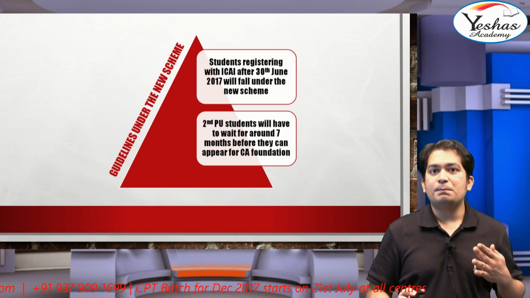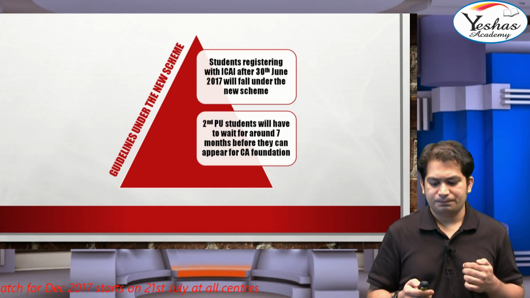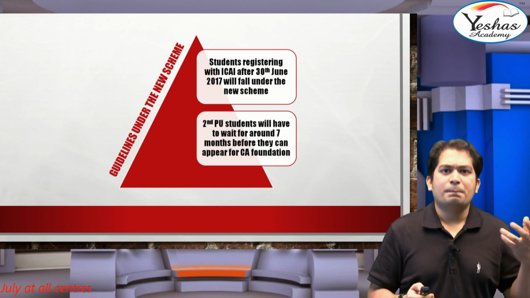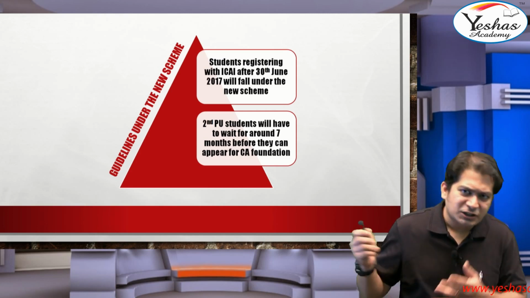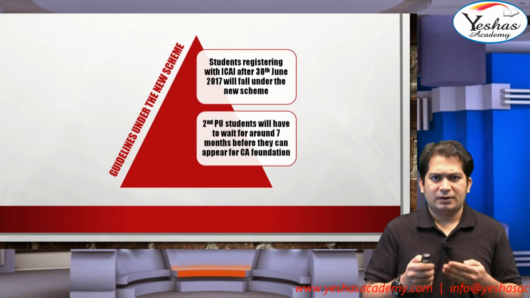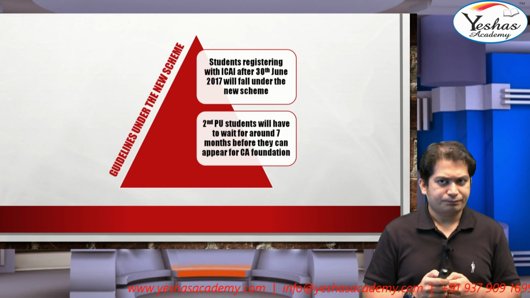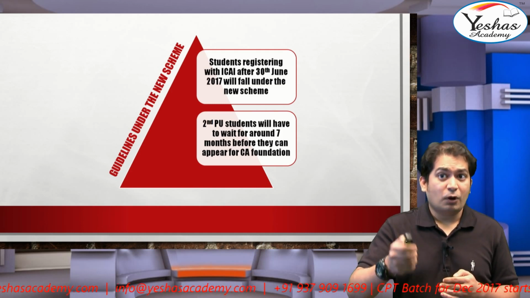So there is a waiting period of 7 months after your board examination. Clear? Why is it done? It is done to give you more time to prepare. Otherwise, students would have to rush after their board examination, and that would compromise your preparation, and the results would certainly also be affected. So these are the basic problems that you can face.